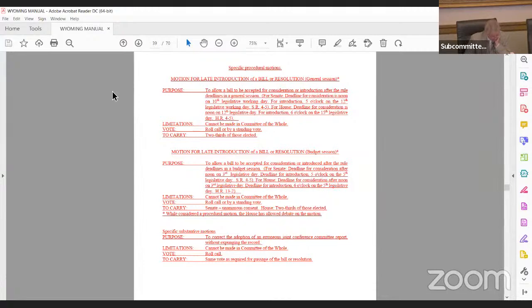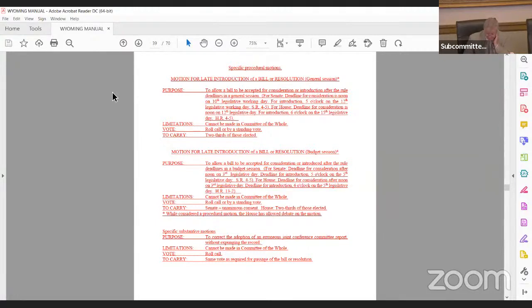We have an amendment on page 2 of the amendments, and all the amendment does is more fully set forth the rule rather than putting the rule in an abbreviated form. And it's just a recitation of the rule, and the limitations: it can't be made in committee of the whole. You have to make it when you're actually in the full legislative bodies in session.